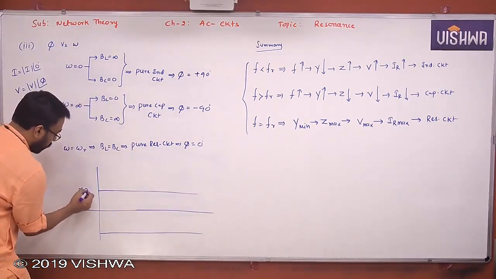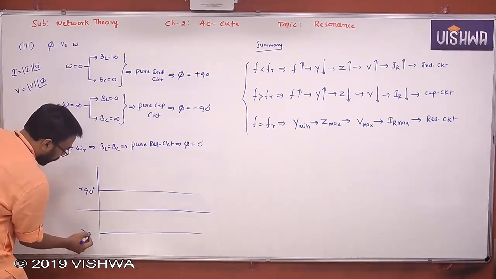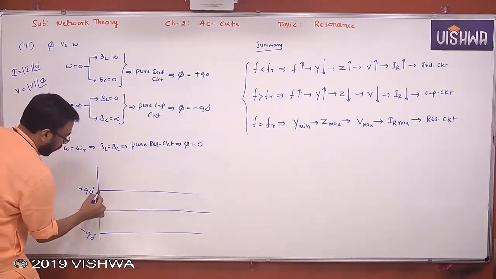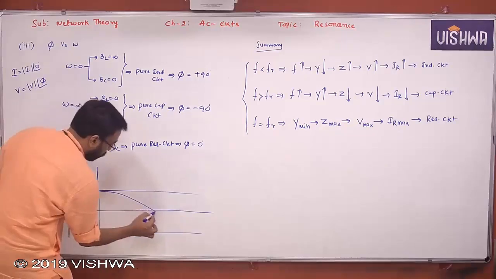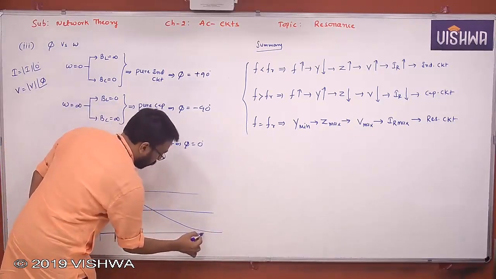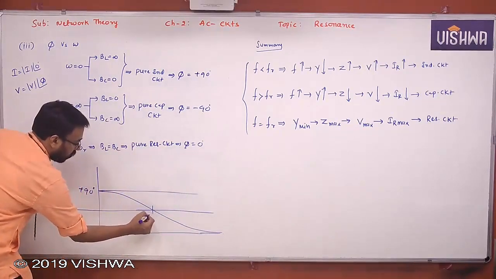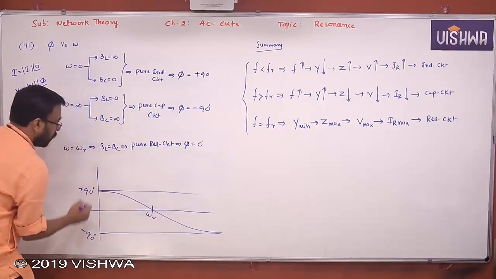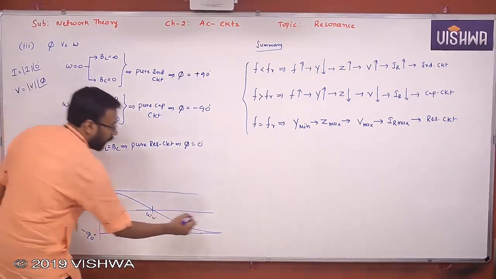If you draw the characteristics, plus 90, minus 90. It starts from plus 90. This is omega R. Angle phi versus omega.